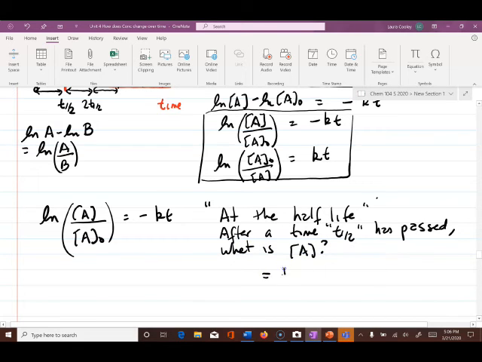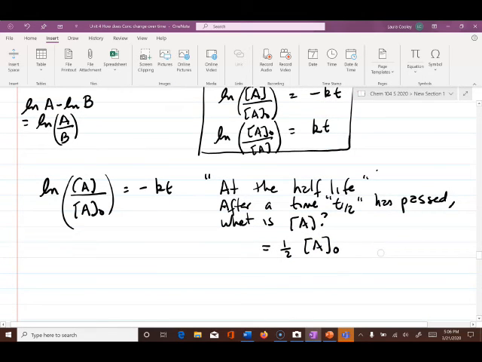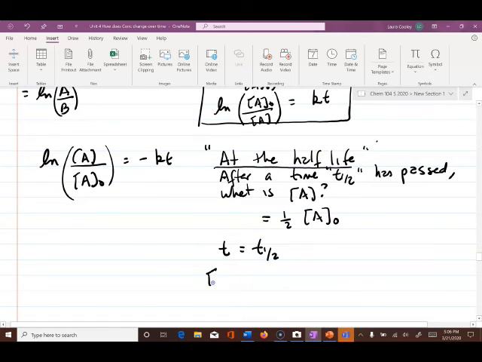Well, it's equal to 1/2 of the initial concentration, so it's A0 over 2 or 1/2 A0. So at the half-life, t equals T1/2, and the concentration of A is the initial concentration over 2.